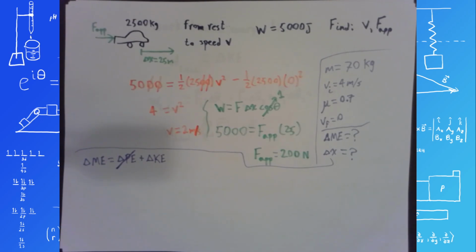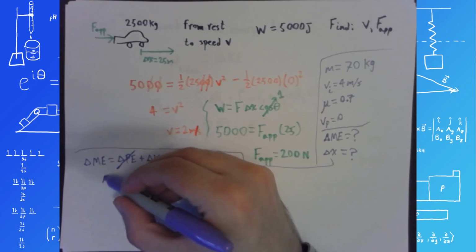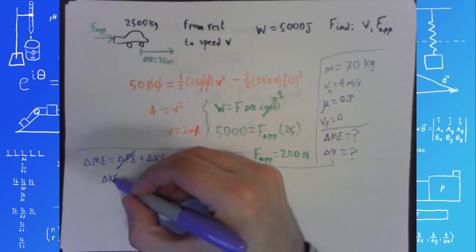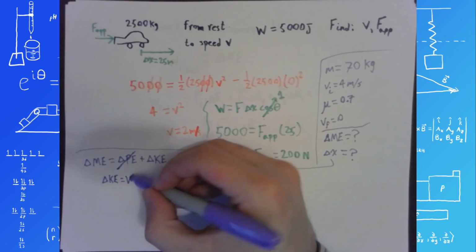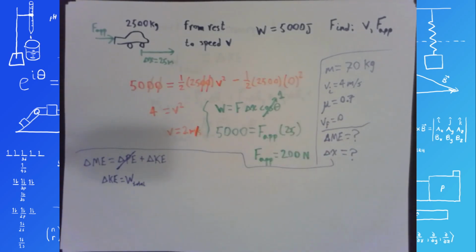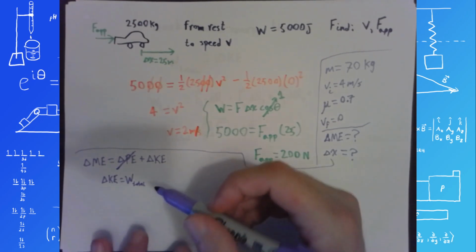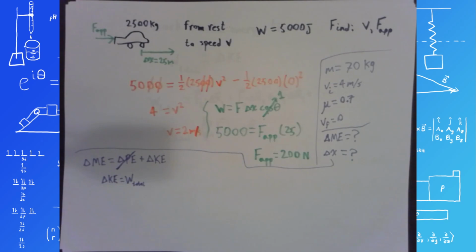And the change in kinetic energy is the total work done, which we will need for the second part. But for the first part, to figure out how much mechanical energy is lost, all we have to do is compare the initial to the final kinetic energy, which is pretty easy to do.